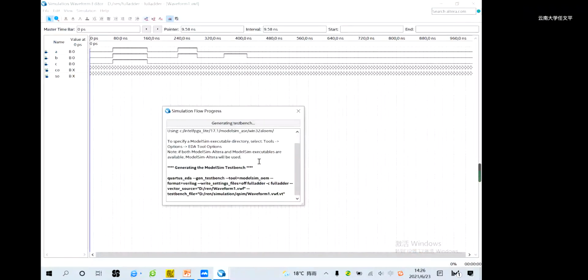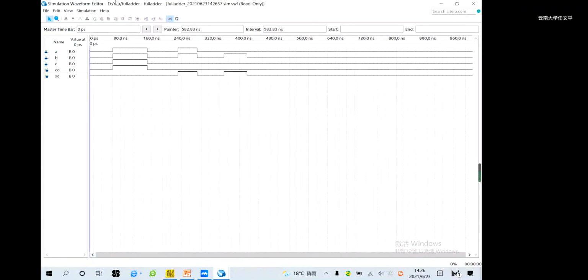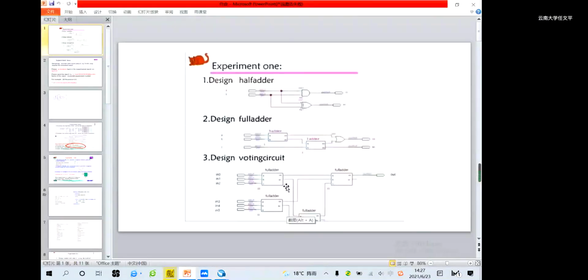Simulate. This is the output of the simulation. Okay, this is experiment one. The third is the same with the second.